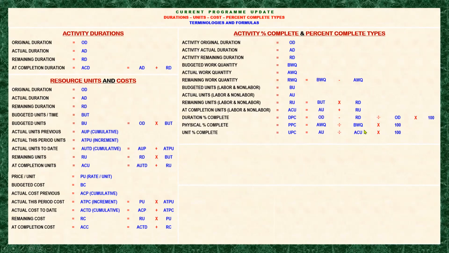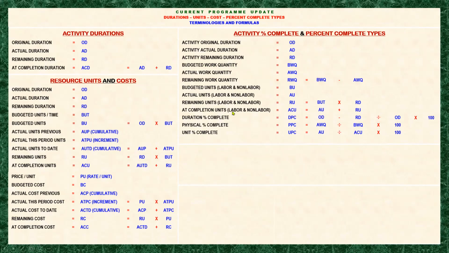As I explained, at completion units is different from the budgeted units. Budgeted and at completion will only be equal when you are establishing the project for the first time.